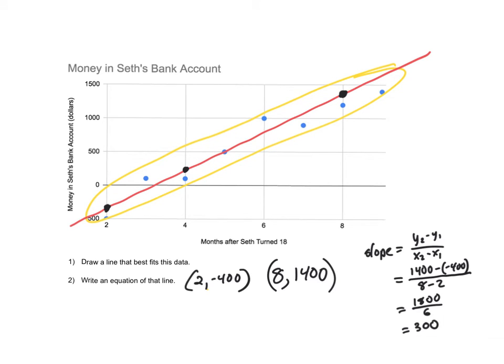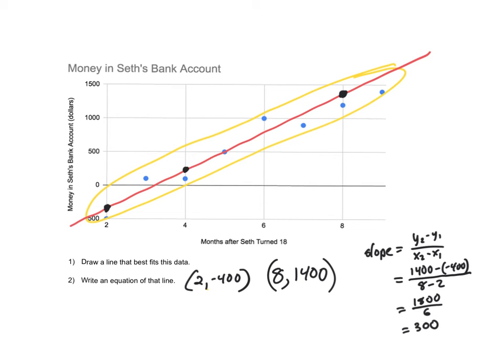So at this point, you should know how to find the slope between 2 points. I'm going to do the change in the y's divided by the change in the x's is one way to find the slope. And so I took the y2 minus y1 divided by the x2 minus the x1, and I end up with a slope of 300 here, 300 over 1.